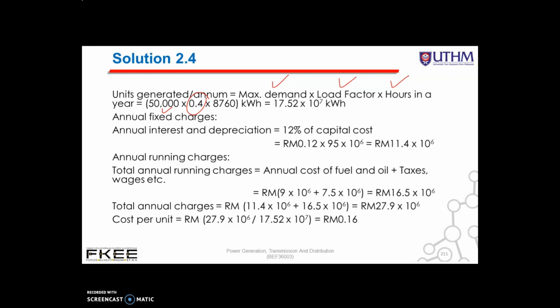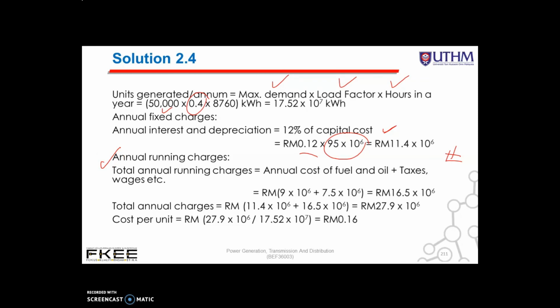And then you have to calculate the annual fixed charges. The annual fixed charges refer to the interest and depreciation, which is 12% of the capital cost. So 0.12 times the capital cost, which is 95 times 10 to the power of 6. So you get RM 11.4 times 10 to the power of 6. Then you have to calculate the annual running charges.